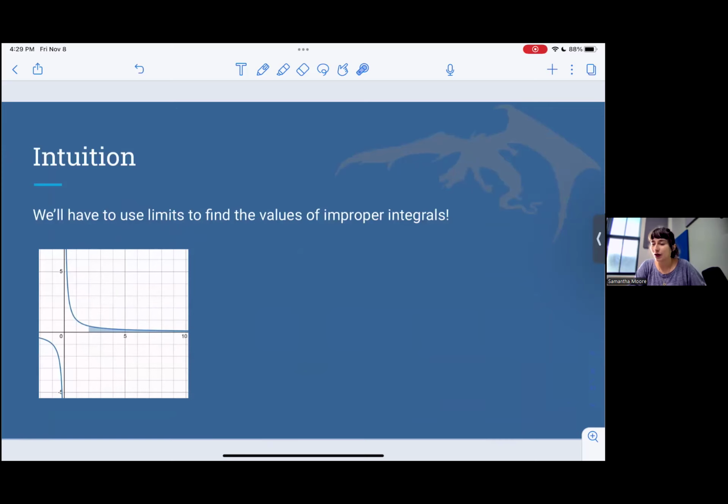Okay, and how are we going to do this? Well, per much of calculus, the answer is use limits. So what we're going to think about is this full picture.